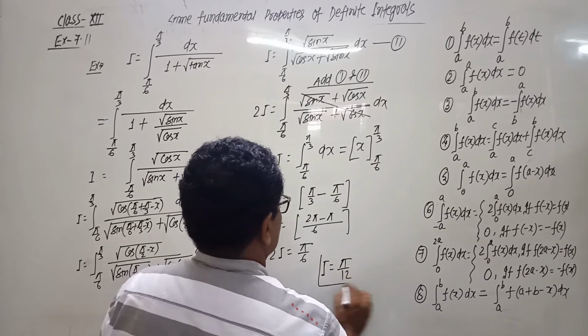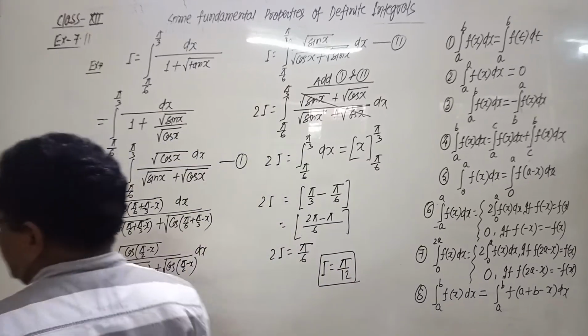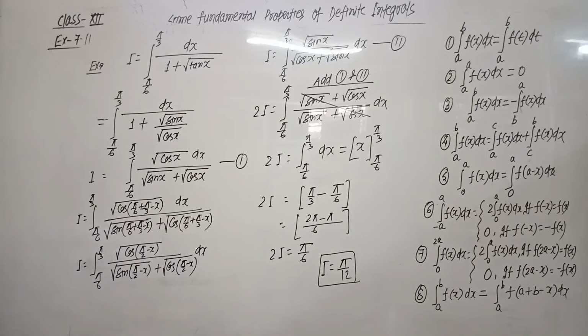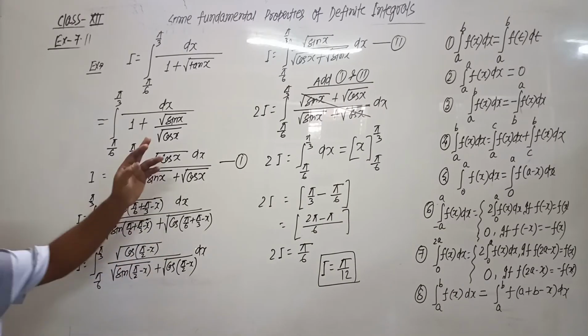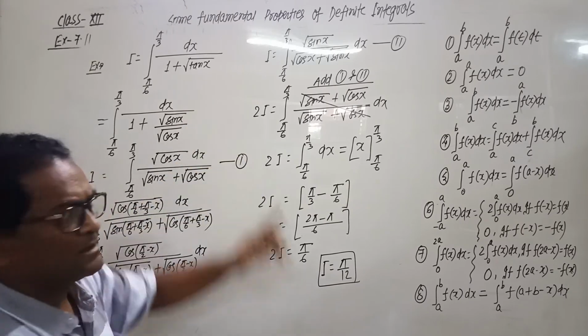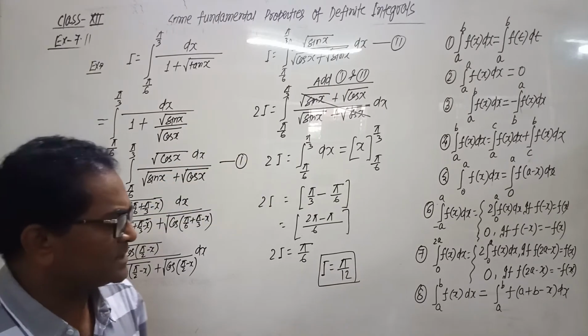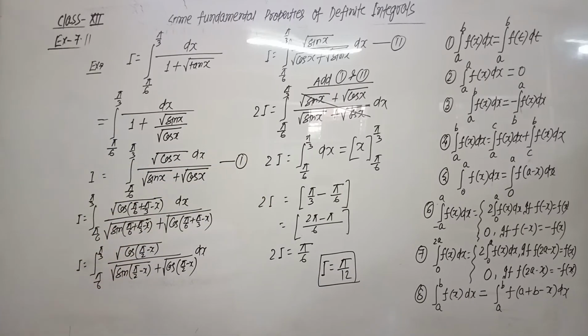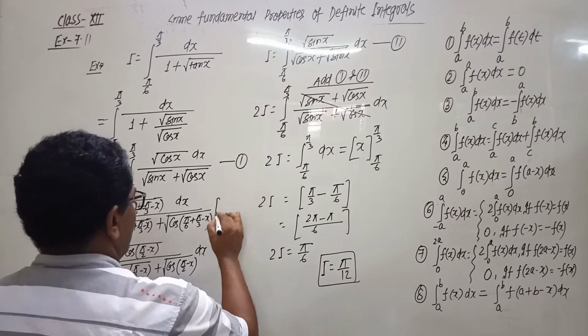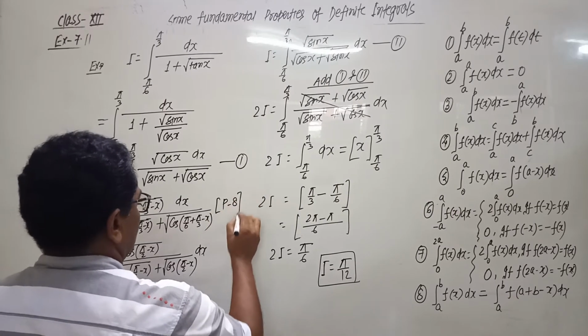So this is the answer of this question, I equals pi by 12. So firstly we expand tan x in terms of sin x and cos x. Then we use property number 8.